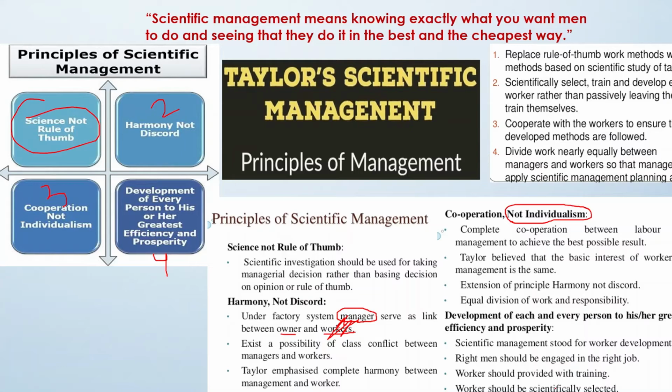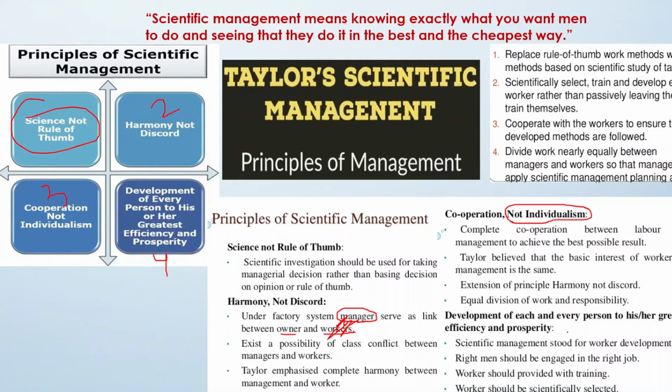So, for that reason, workers should be scientifically selected. We have to investigate scientifically so that we can divide those people as per their interest area, skill, and expertise, and then train them in that particular area so that they can develop, they can be efficient, and they can prosper in their personal career.